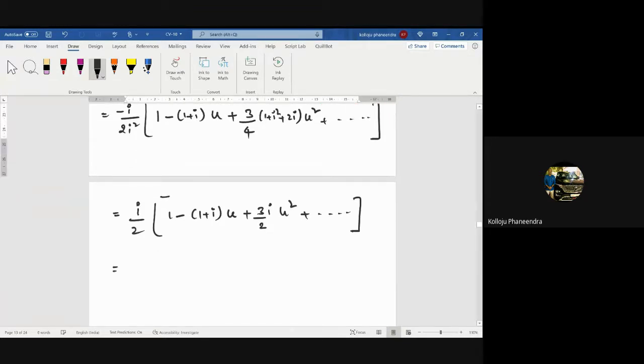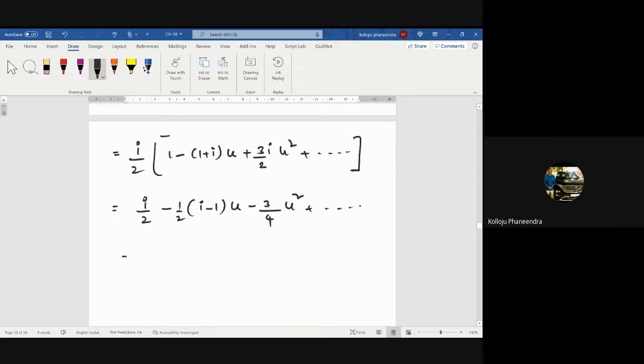Take i by 2 inside. Then this is i by 2 minus (1 by 2)(i minus 1) u, plus i into i square, that is minus 3 by 4 u square, and so on. Any corrections?